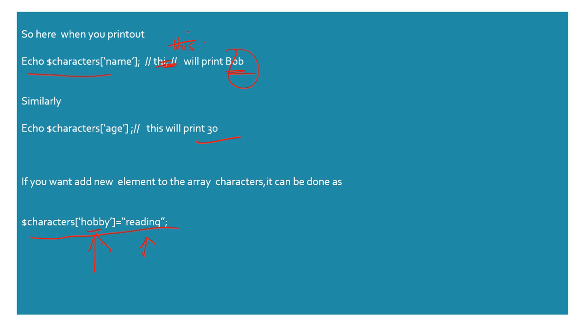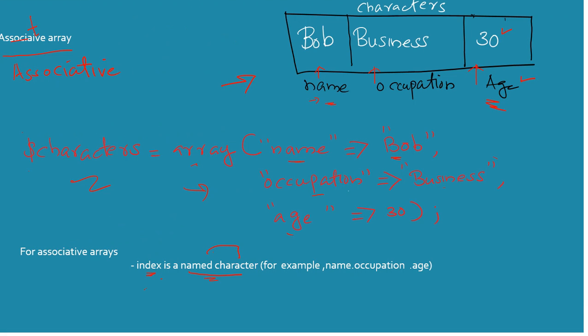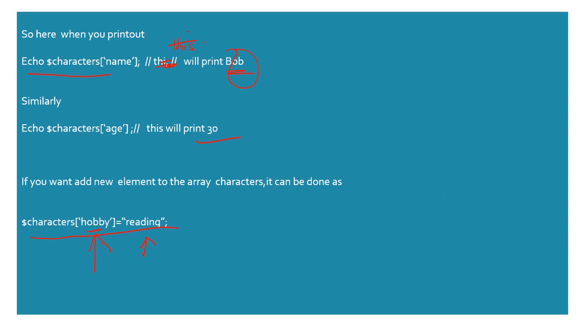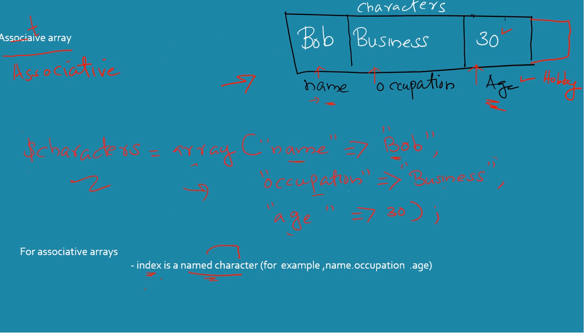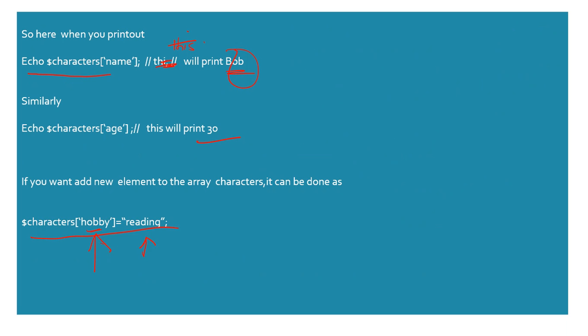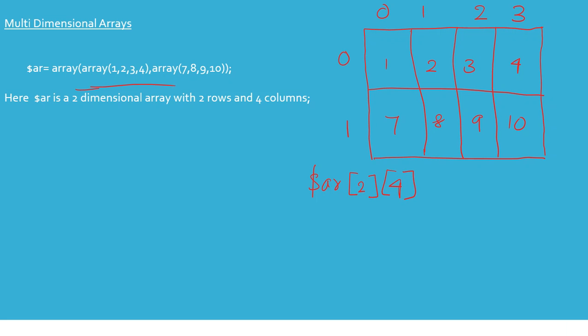I haven't shown it here, but it will be like hobby gives reading. So this array may get extended with a new location labeled hobby, and that may receive a value reading. That is with the associative arrays.